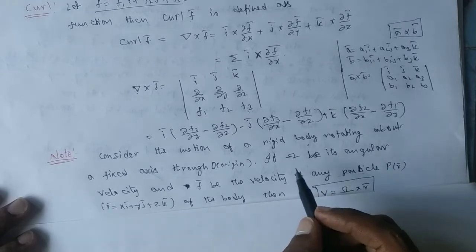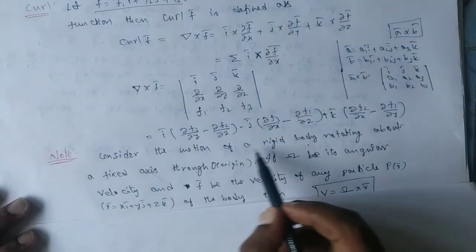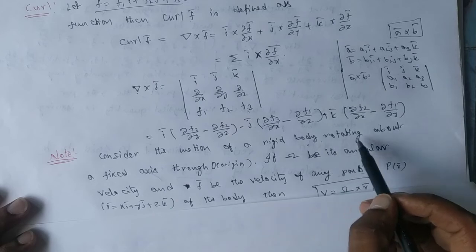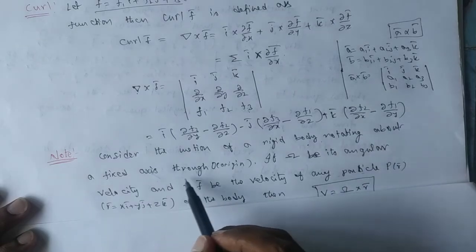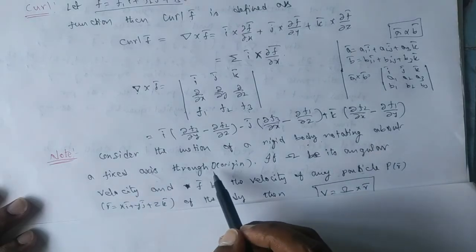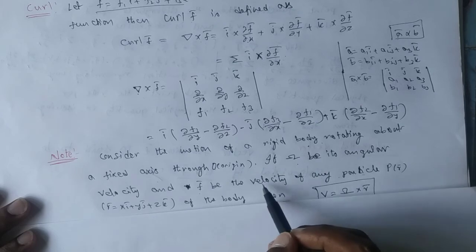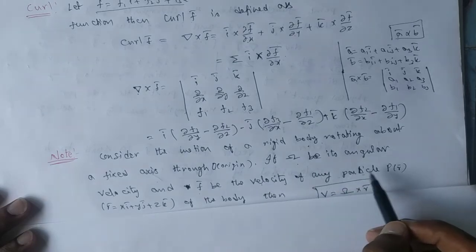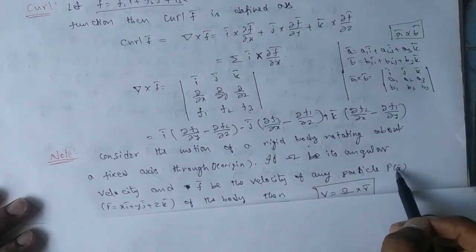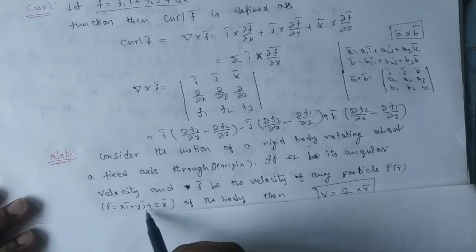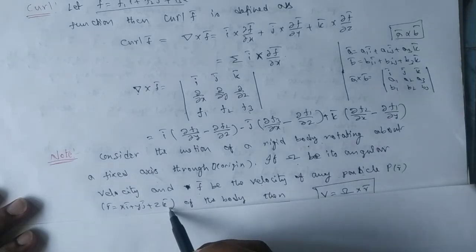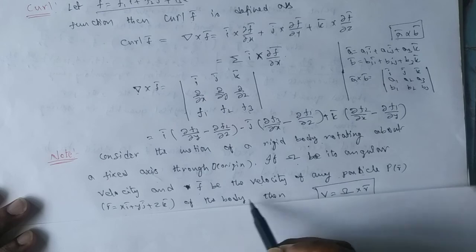The particle represented by P of r bar, where r bar is the position vector of that particle, xi bar plus yj bar plus zk bar, in the space of the body.